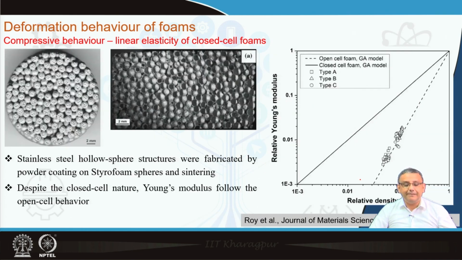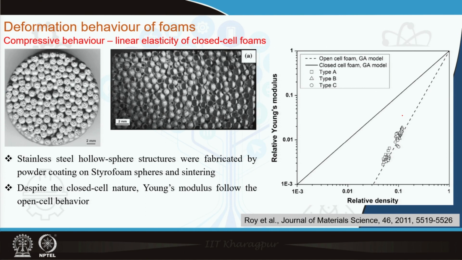Also, there is another kind of cellular solid which has been studied extensively. I already showed you these hollow sphere structures, and they are also supposed to have a closed cell behavior, as we know, because these are individual cells sintered together. But when the elastic behavior of such foams was studied, we can see that although the foams are closed cell materials, the elastic properties still fall pretty well on the line for the open cell behavior.